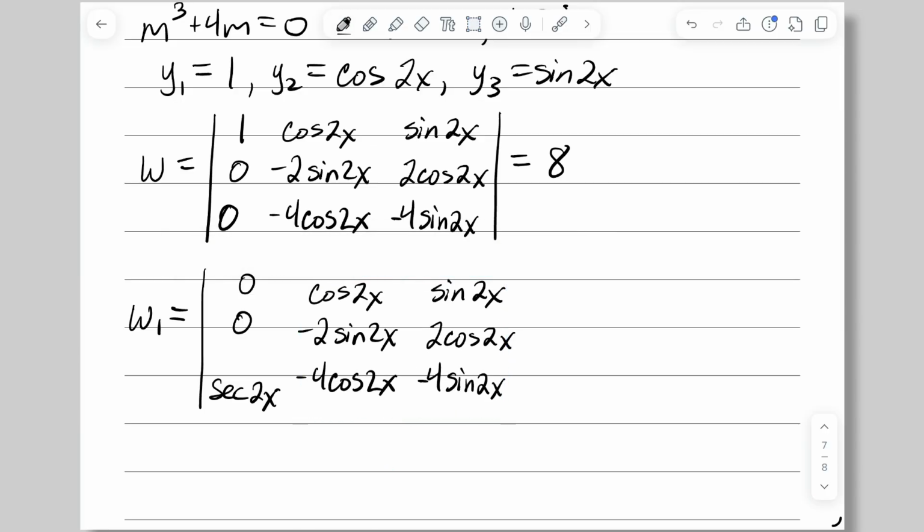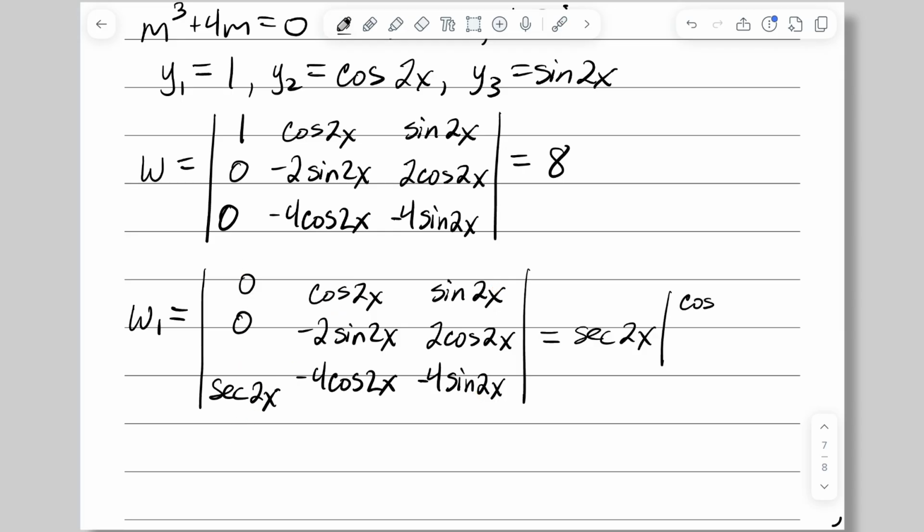And then in this case, I'm again going to expand down the first column. 0 and then 0 is not going to be very interesting. We're going to have here the secant of 2x times the determinant that we get when we cross out the row and column that contain the secant of 2x.